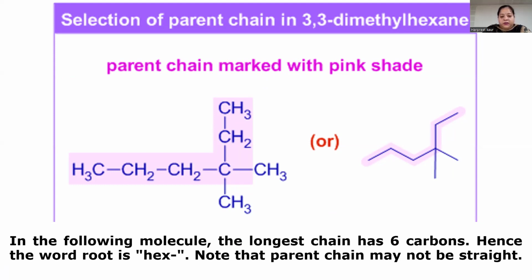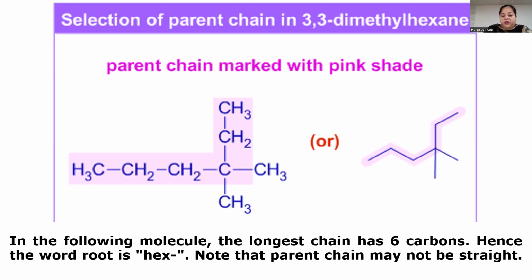Hence the root word in this case is hex plus ane, and no functional group is there, so no secondary suffix will be there. In the prefix, first prefix or infix will not be there, but the prefix has the 2 substituents. They are written as dimethyl, and the position for that dimethyl will be 3, 3.